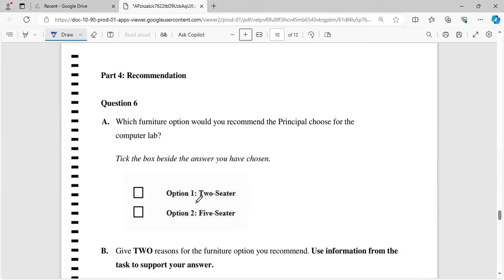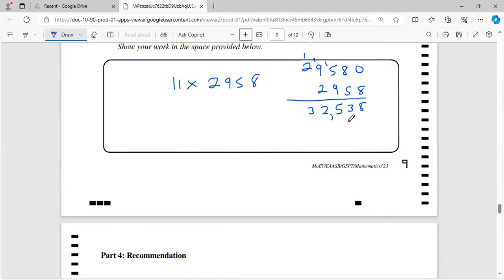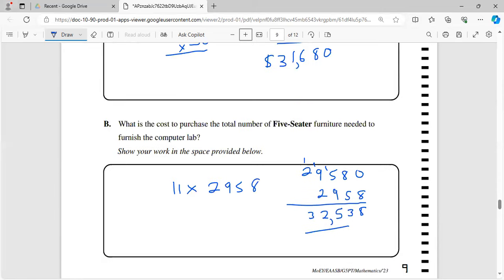I would recommend the 2-seater because it holds 5 more. Let me look at the money value now. You can hold 5 more students because remember you want to maximize the students. Let me see what the difference in money is. One is 32,538 and one is 31,680.